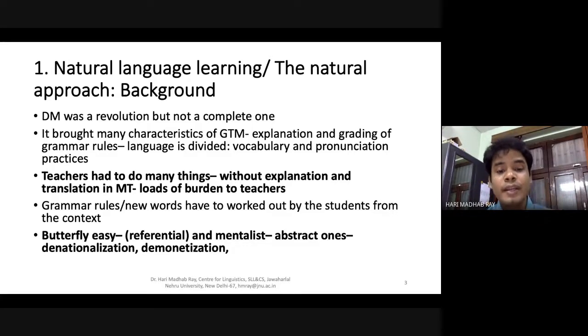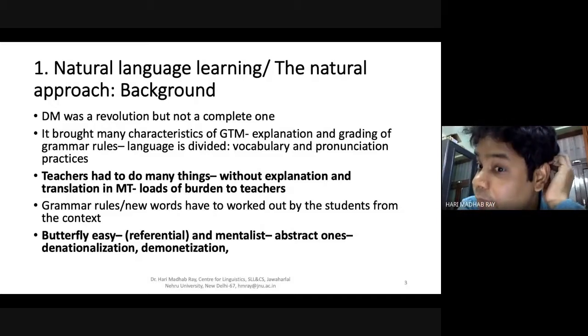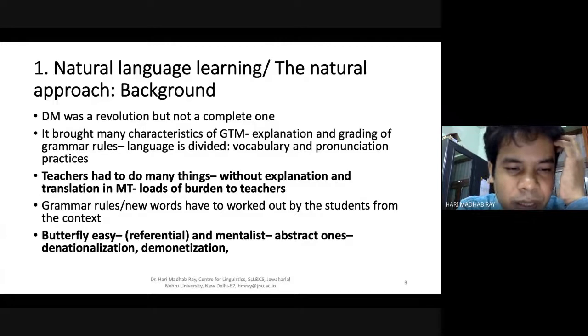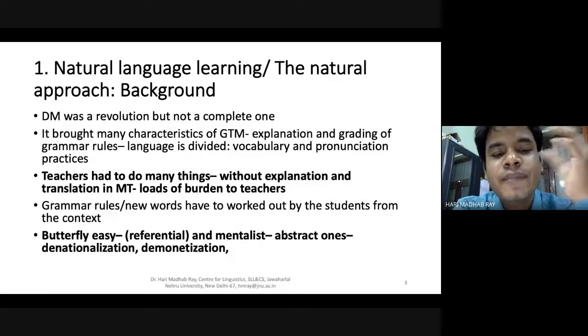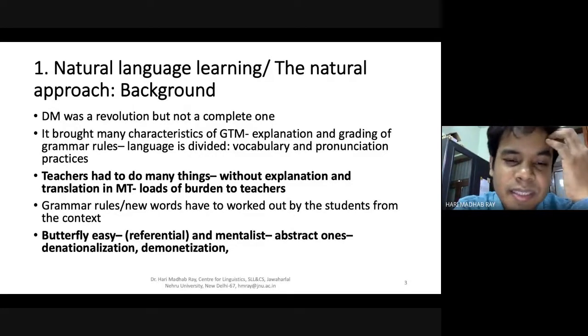So what we had seen, especially talking about vocabulary: in semantics there are two kinds of tradition. You must have done this in an introduction to linguistics course. There is the referential theory, and another is the mentalist tradition, the mentalist theory.